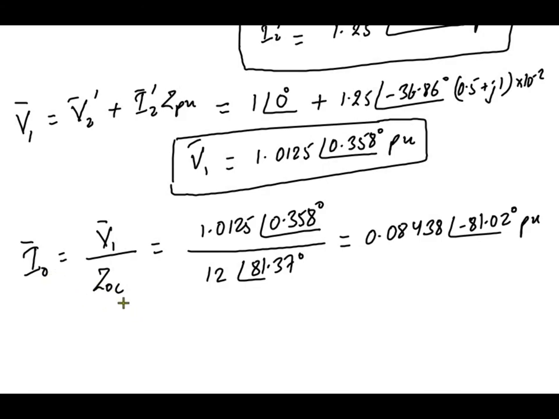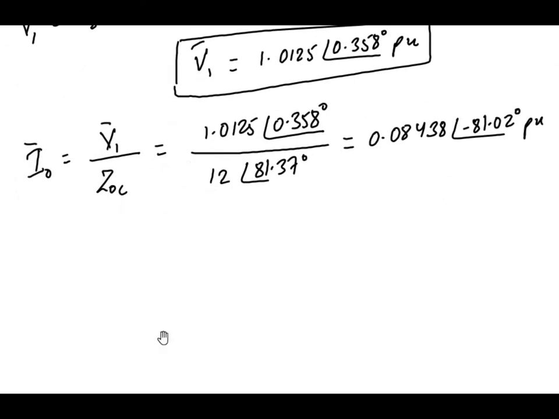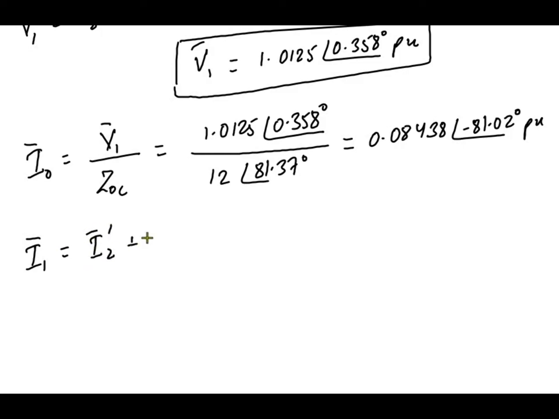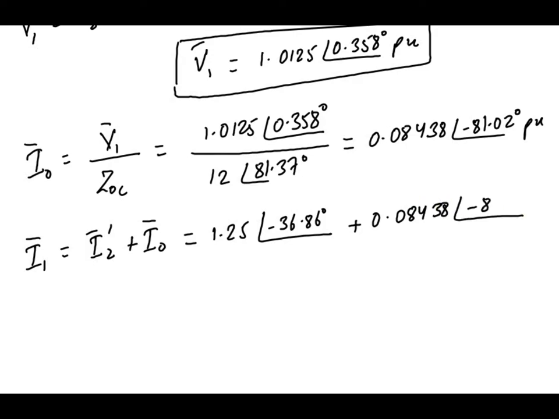So we got the value of I0, and we have the value of I2 dash, so we can calculate the value of I1 now. I1 will be equal to I2 dash plus I0. I2 dash, we have already calculated, is 1.25 angle minus 36.86 degree, and the value of I0 we just calculated is 0.08438 angle minus 81.02 degree.